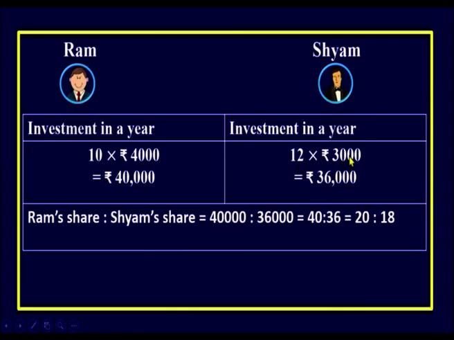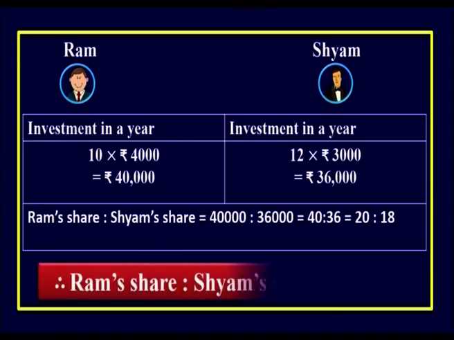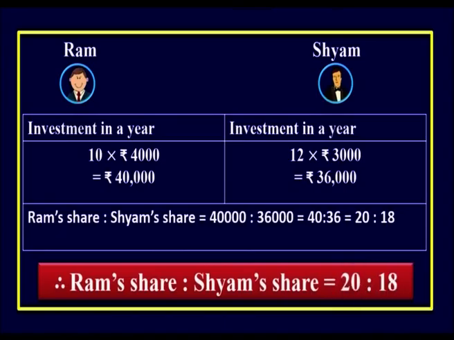So, that means 12 into 3, 36,000 is the amount invested by Shyam. Now, let us see Ram's share is to Shyam's share, that is 40,000 is to 36,000. On simplification you get it as 20 is to 18, or it can be further simplified, but we are leaving it at 20 is to 18. Let us see why. So, Ram's share to Shyam's share is 20 is to 18.